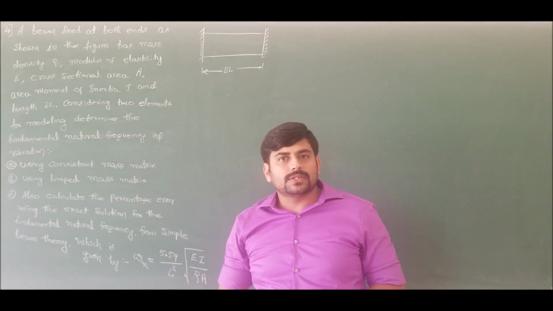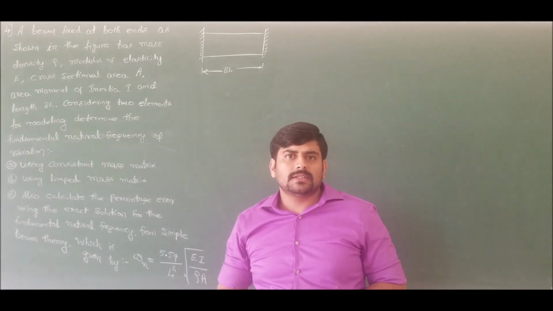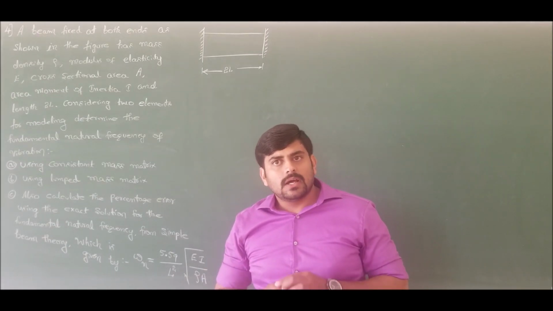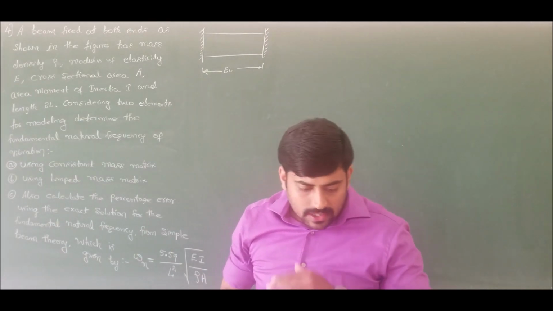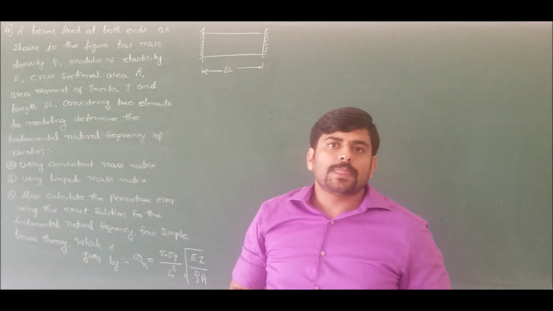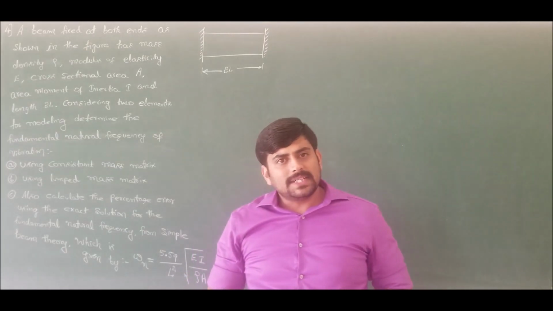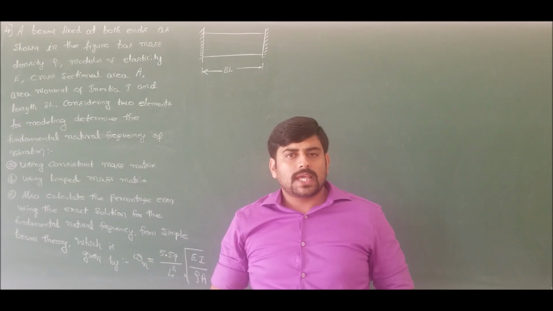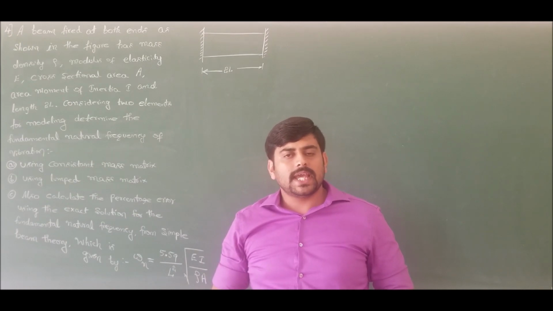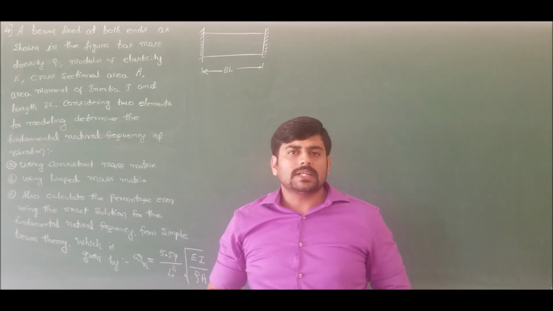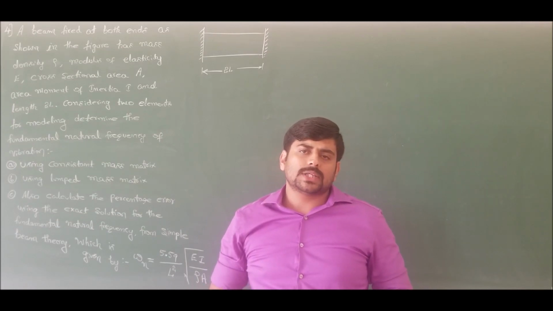In case A, I should use the consistent mass matrix. In case B, I should use the lumped mass matrix. And in case C, finally I should find the percentage error from both case A and case B using the exact solution for the fundamental natural frequency of vibration for the fixed beam as shown in the figure.